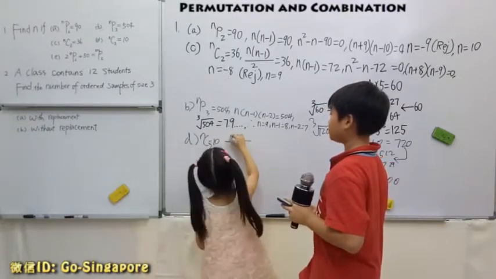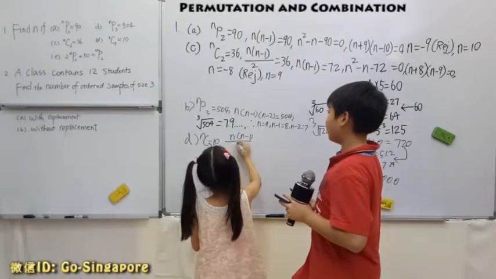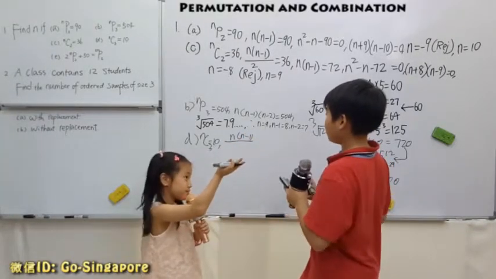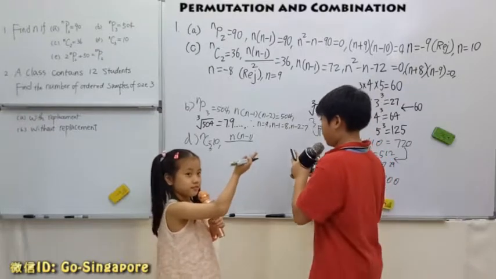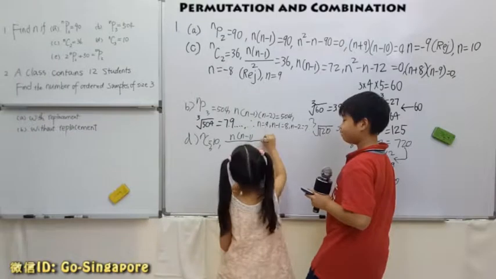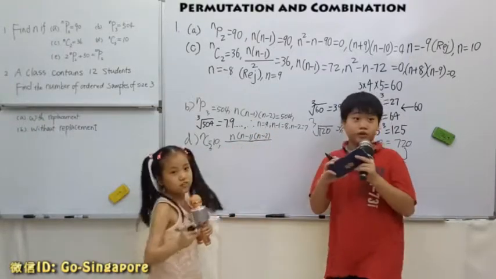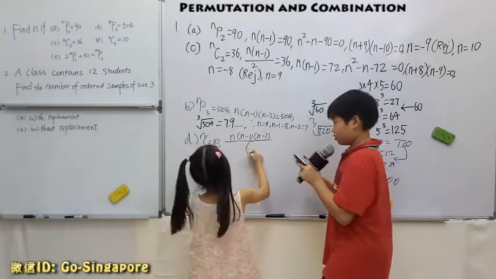Okay. Where is your comma? Over. Wait, where is your n minus 2? So this is actually over 3 times 2, right? So 6.